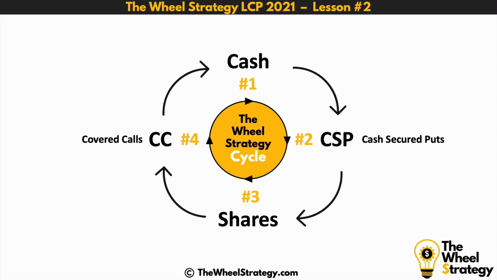Or even better, with one stock we'll be in position number 2, and with another stock we'll be in position 4, and then we'll have other cash, and we will have different wheels for different stocks or ETFs running in different moments of the different phases of the wheel.